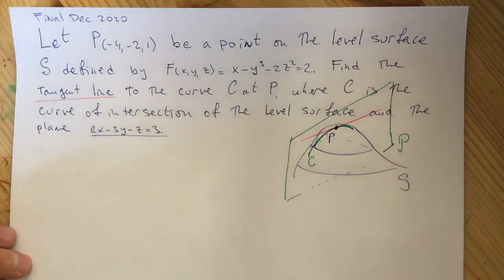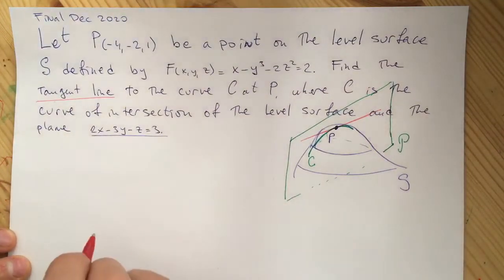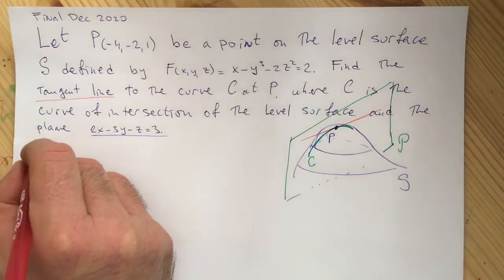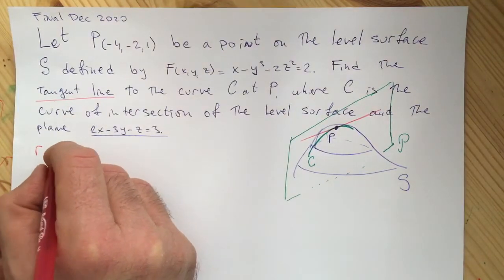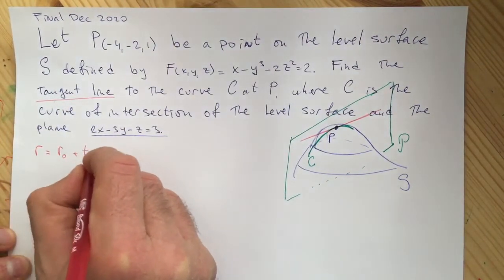The tangent line is r equal to r naught plus t times r prime.